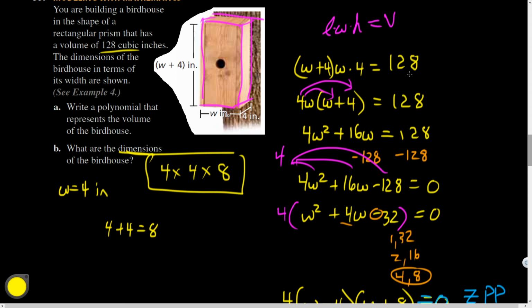Yep. And dividing by 4 on both sides is a great idea. If you divided by 4 right away, it's accomplishing the equivalent of that later GCF. That's a great insight, and that would have made the problem easier.